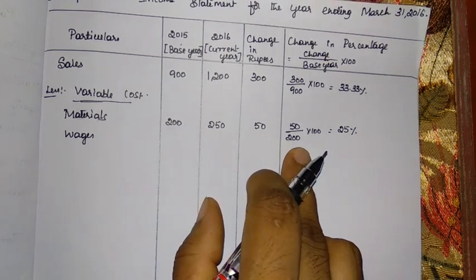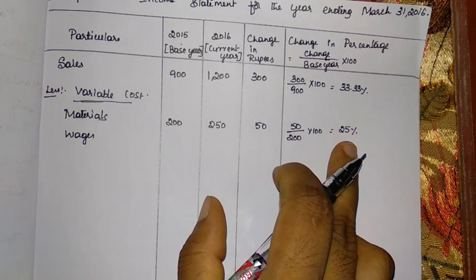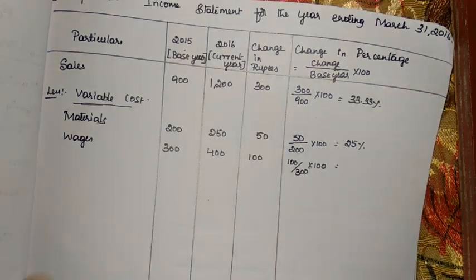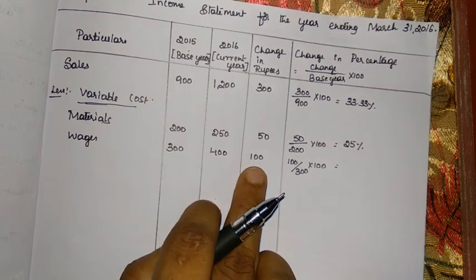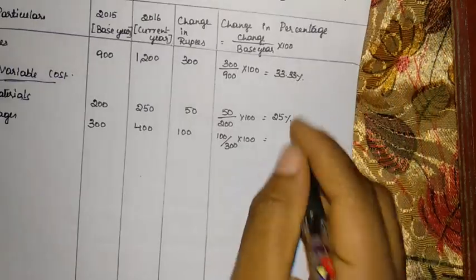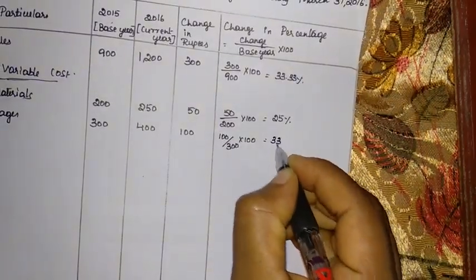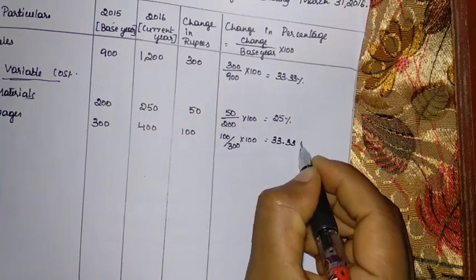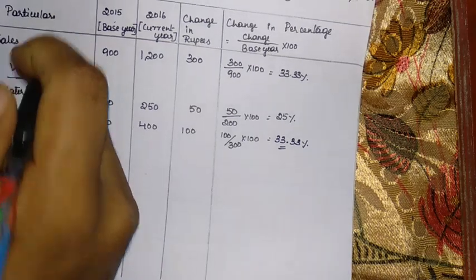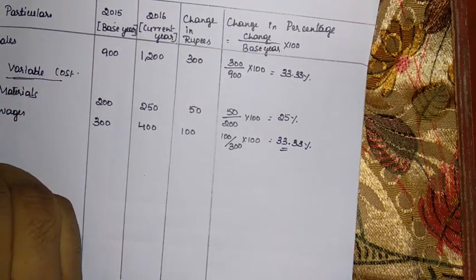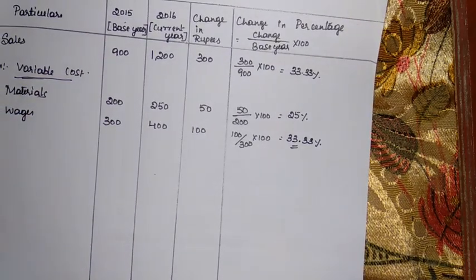So 50 by 200, that is a 25% increase. Wages are 300 in the base year and 400 in the current year, an increase of 100 crores, and the percentage increase is 100 by 300 into 100, that is 33.33%.